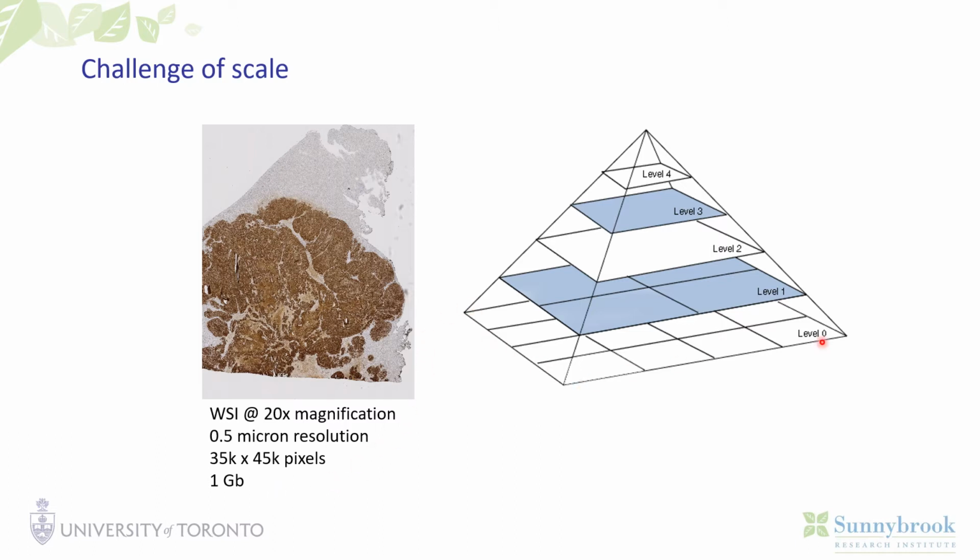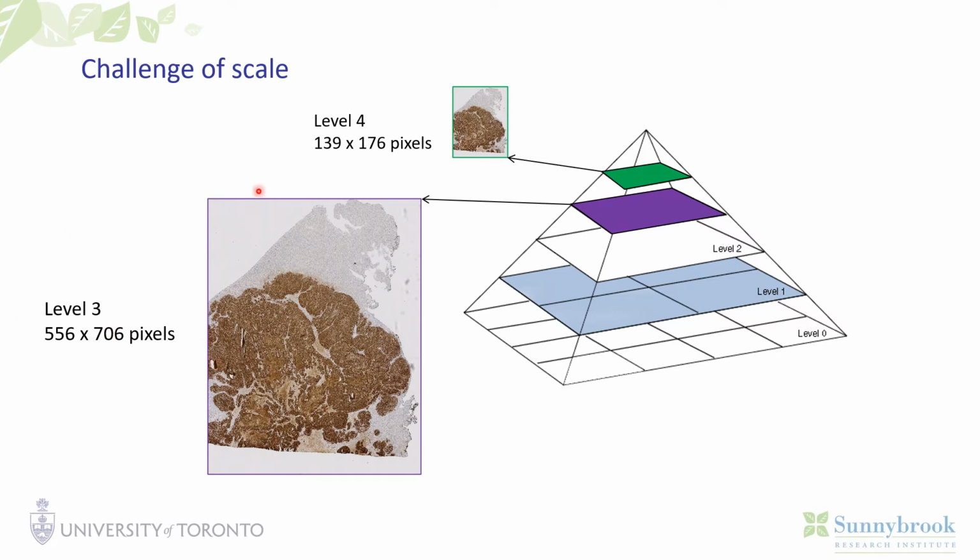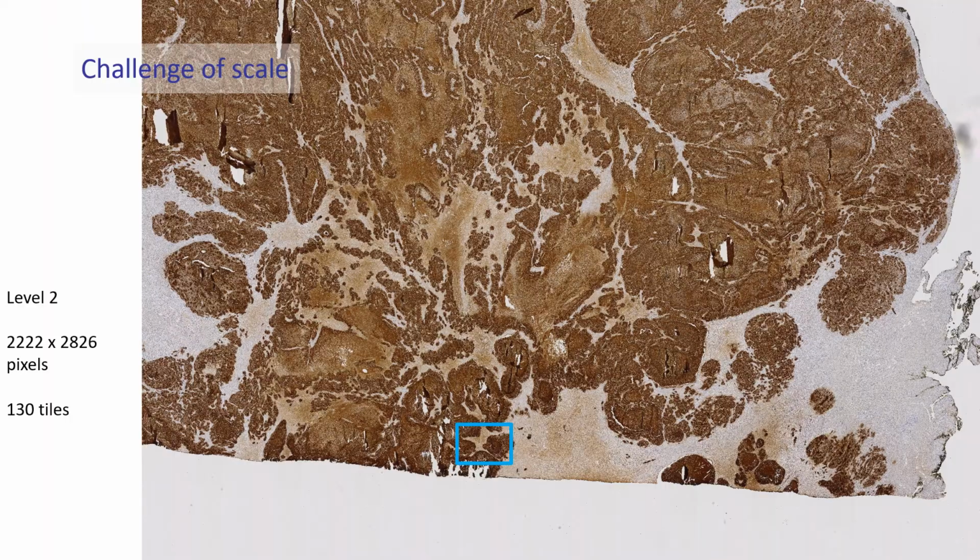So typically you use a pyramidal format to store these images. On the first level, you have some kind of thumbnail, so you can quickly get a rough idea of what the slide represents. Then you can go down a level and get a little bit more detail. If you go down to level 2, you can see that we can't fit the whole slide on the screen anymore.